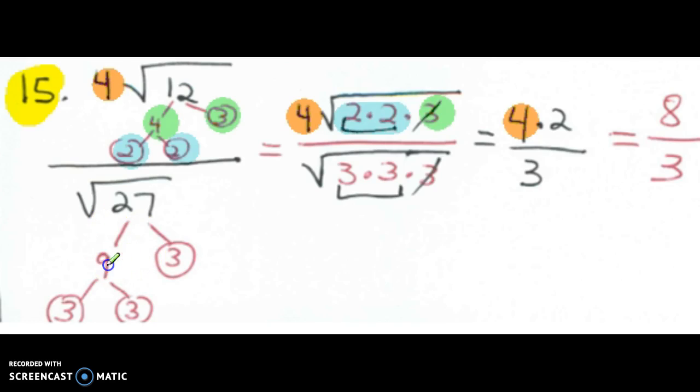I'm going to factor 27: 9 times 3, that's where that first 3 came from. 9 is 3 and 3, so that's where these 3's come from. And I notice I can reduce. This 3 reduces with this 3. They're both under the radical. I am looking for sets of 2 numbers to come out. That's where that 2 comes from. And then I have a set of 3's. That's where this 3 comes from. And I'm going to go ahead and multiply them. That's how I got that answer.